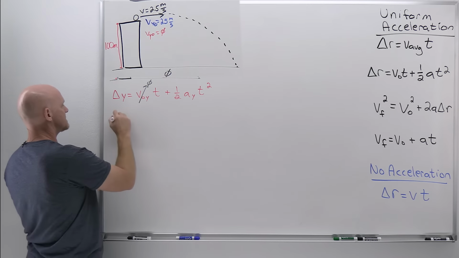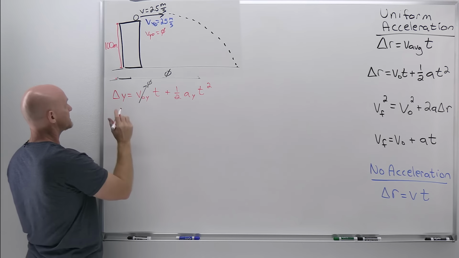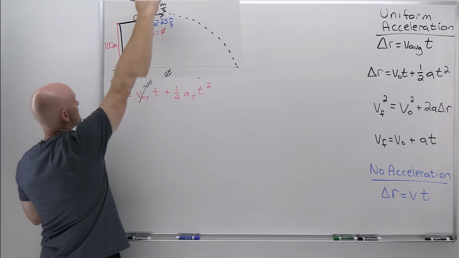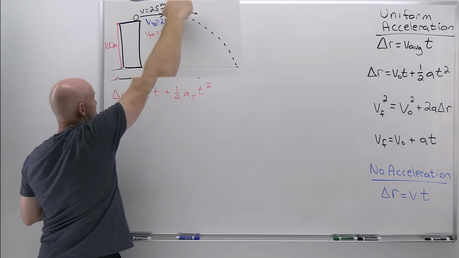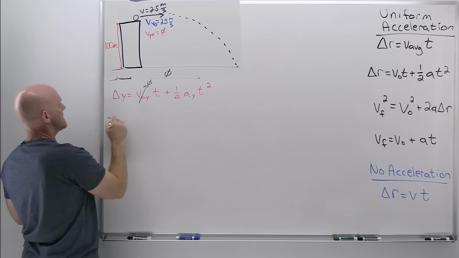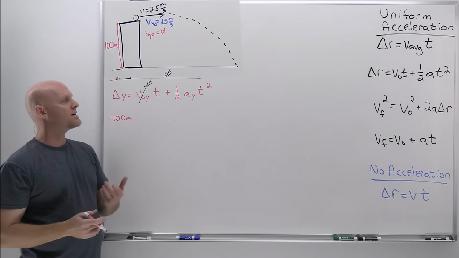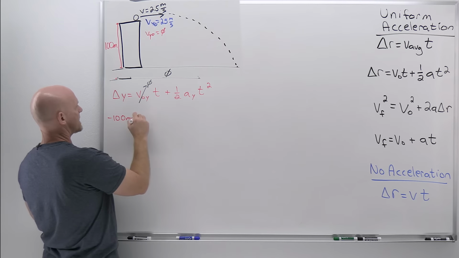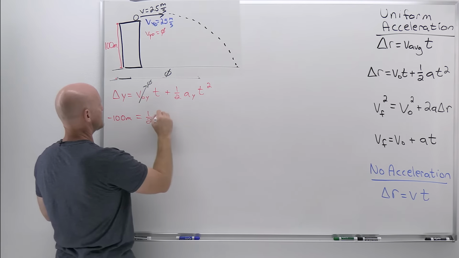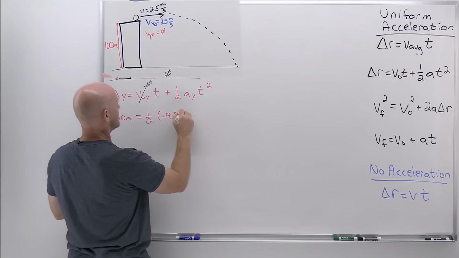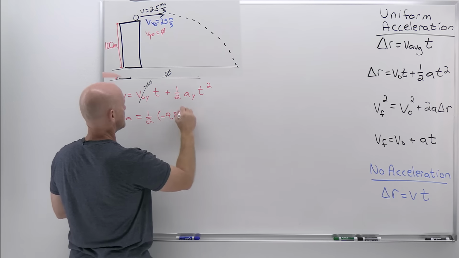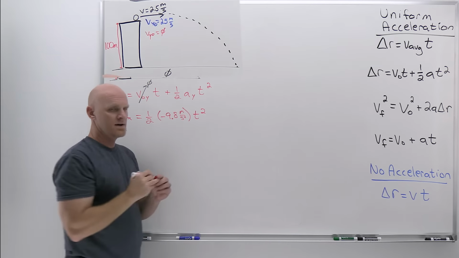And we're just left with, well, we'll start filling some numbers in. We keep in mind that the displacement is downward, and I'm going to write that as negative 100 meters. If you get your signs wrong here, you're going to have some problems. We'll see what I mean in a second. So 1/2 acceleration due to gravity is negative 9.8 meters per second squared times t squared.